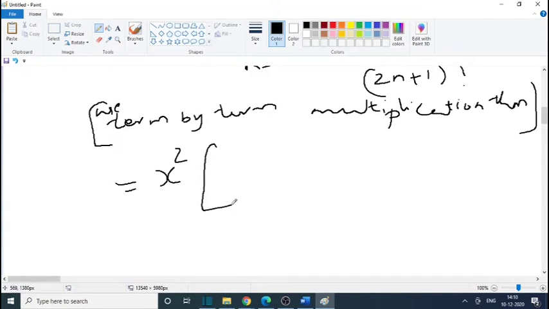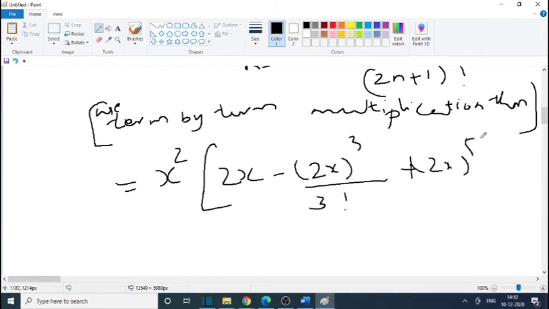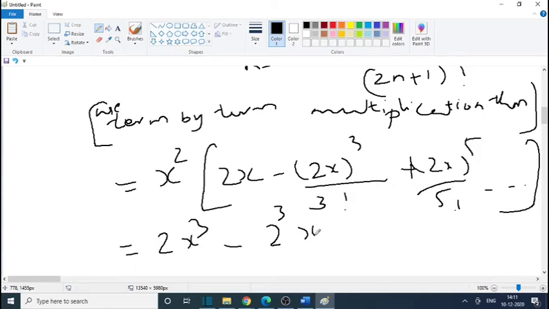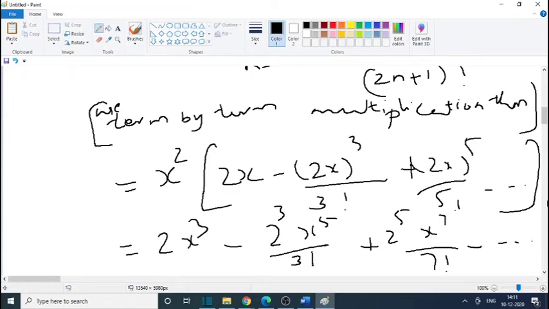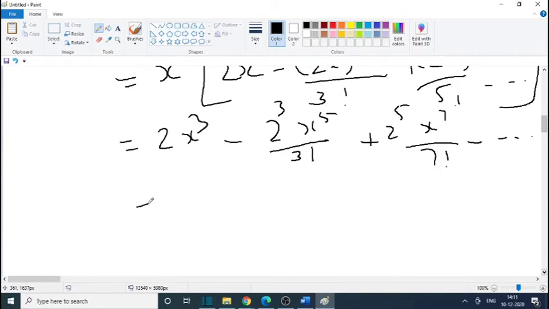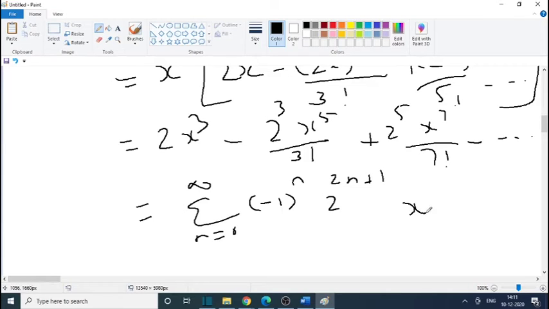x squared into 2x minus (2x) all cubed by 3 factorial plus (2x) all raised to 5 by 5 factorial, etc., which is equal to 2x cubed minus 2 cubed x raised to 5 by 3 factorial plus 2 raised to 5 x raised to 7 by 7 factorial, etc. So the series can be written as sigma n equal to 0 to infinity, minus 1 raised to n, 2 raised to 2n plus 1, x raised to 2n plus 3 by (2n plus 1) factorial.